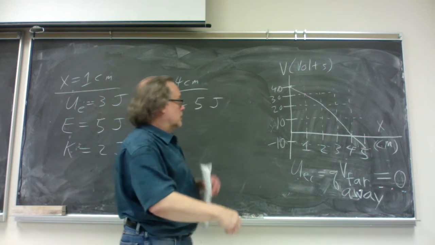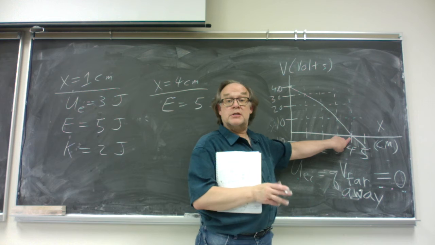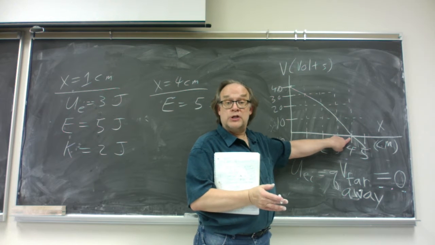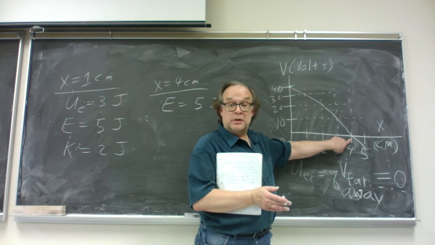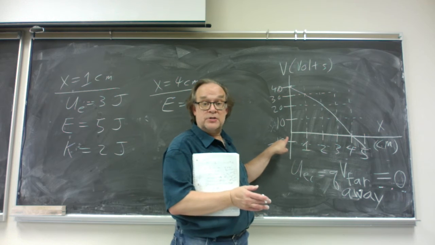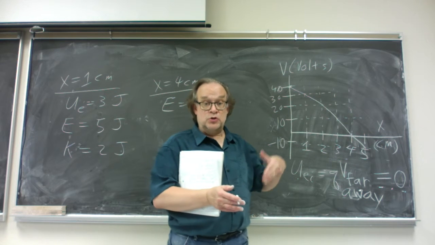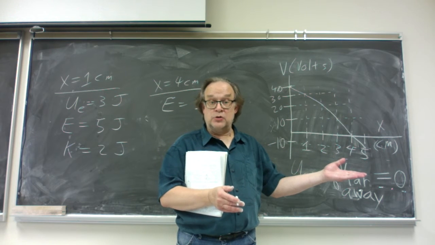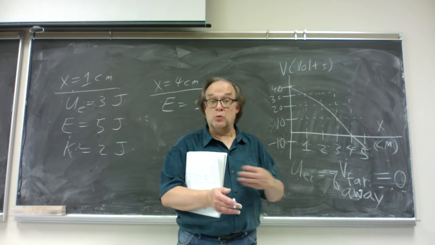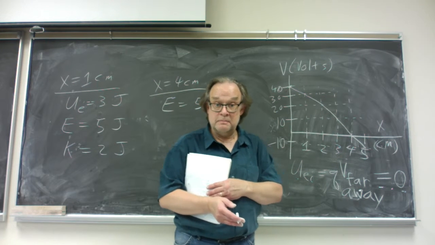But now, the potential energy is, as always, charge times potential, but at the 4 centimeter mark, the potential is 0. So charge times 0 potential gives us 0 for the potential energy.